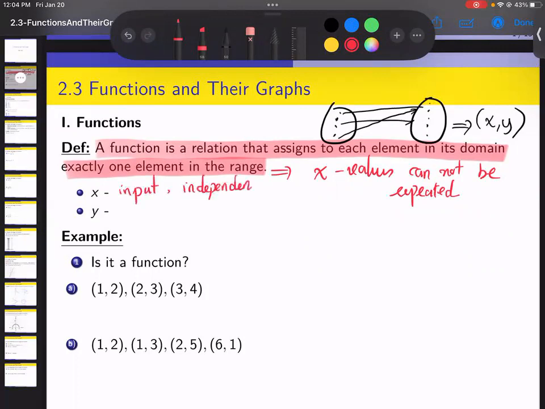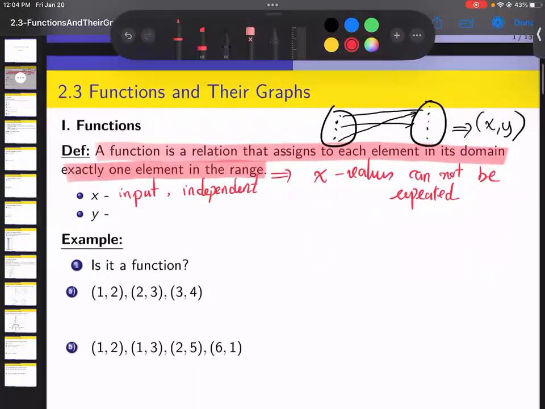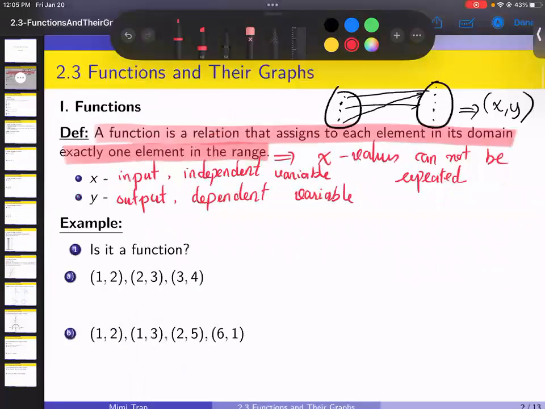You can choose the X value to be anything. Independent variable. However, the Y value, well, they call that the output. That's your f of x. It's the dependent variable. The dependent variable depends on x. Whatever you put x into the function, y is going to be it.